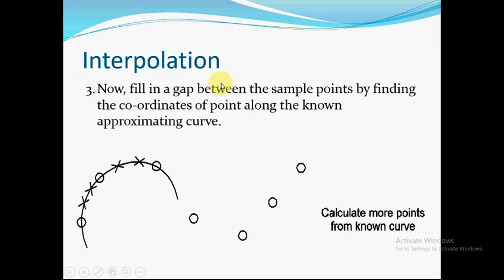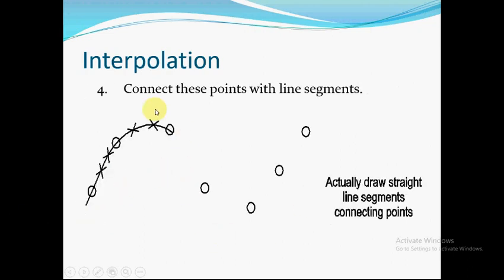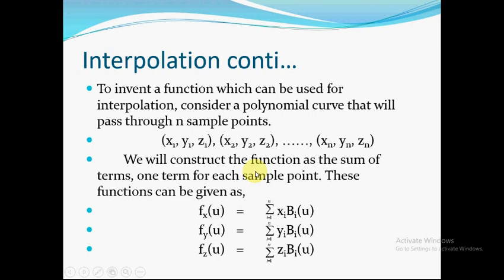That is, find the coordinates of points along the known approximating curves. These are the in-between points you calculate, and then join them with line segments or pixel segments to generate your complete curve.